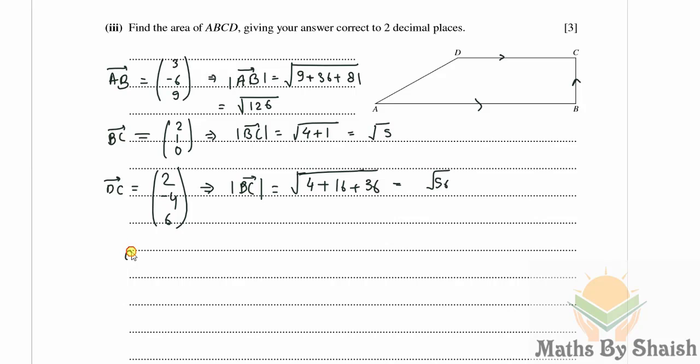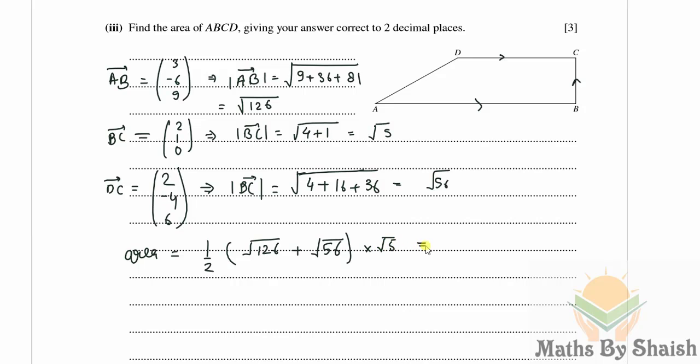So required area is going to be 1 upon 2 times sum of parallel sides, that is AB plus DC magnitude. So it becomes square root of 126 plus square root of 56 into the height between them, that is BC magnitude, so it is root 5.